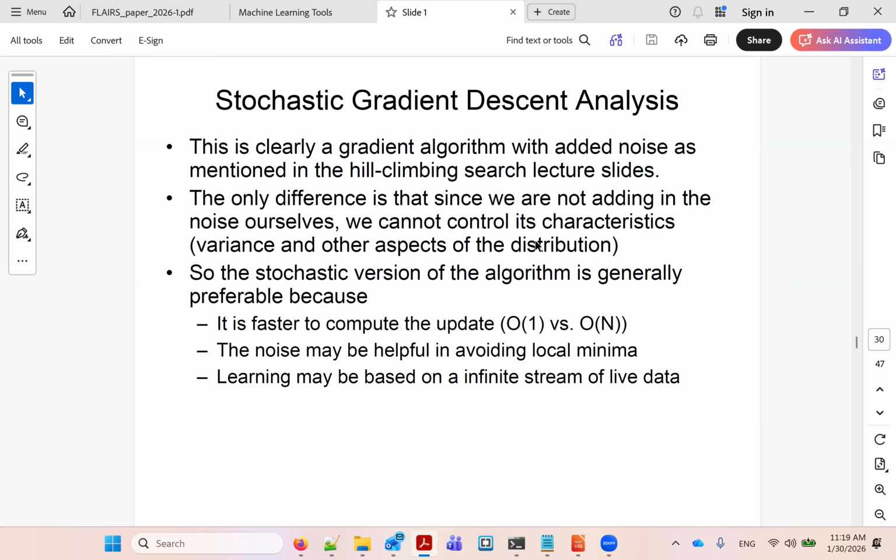Now, the difference between that situation and this one is that if you add the noise in yourself, you can make sure the noise properties are whatever you consider reasonable. Gaussian noise, put Gaussian in. If you want noise that's uniform over an interval, go to town, right? You would provide the random noise. And now we're not adding it in ourselves, so we do not have control over its characteristics. Not its variance, and not other aspects of the distribution, though it's going to be zero mean. That's for sure.